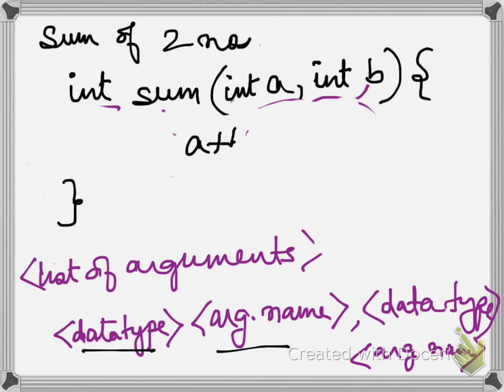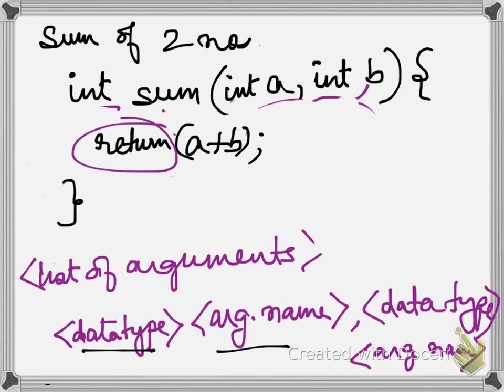A plus B I want to return. So I use the keyword return: return A plus B. Return here is a keyword which will return whatever value you give. So this is a simple method to find the sum of two numbers.